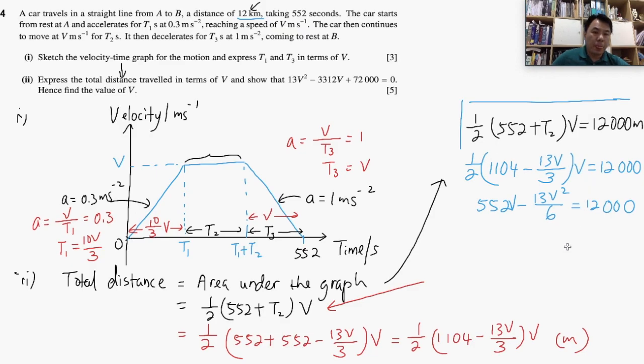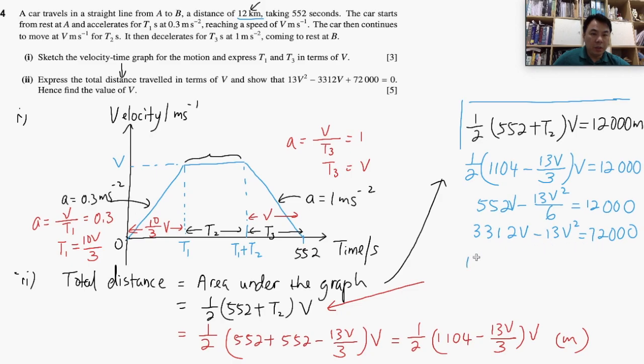You expand that, and then next, to get rid of this 6 here, we can multiply everything by 6. So therefore we have 3312v minus 13v squared equal to 72,000 here.